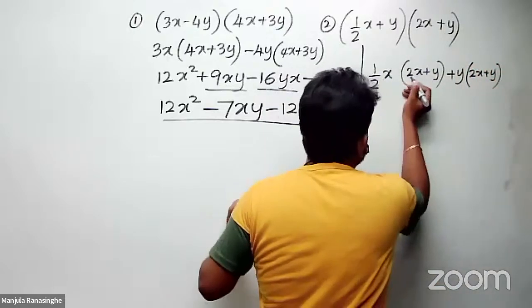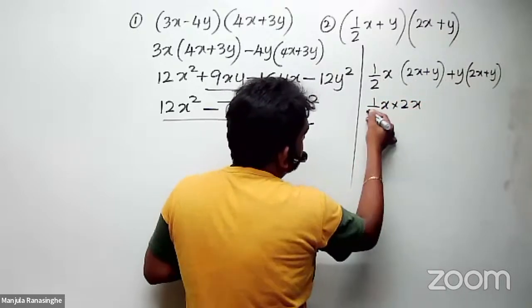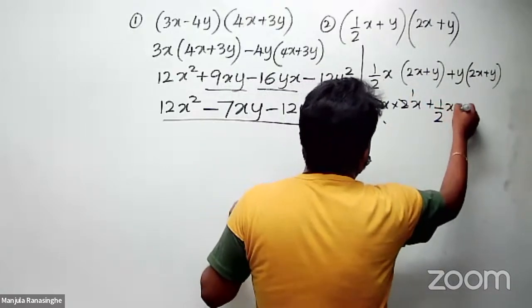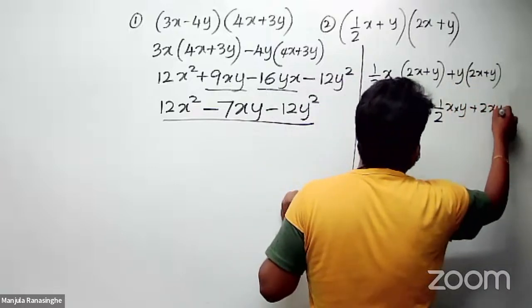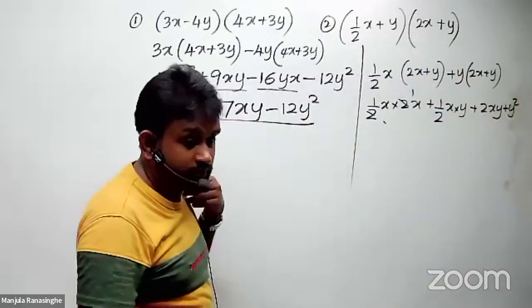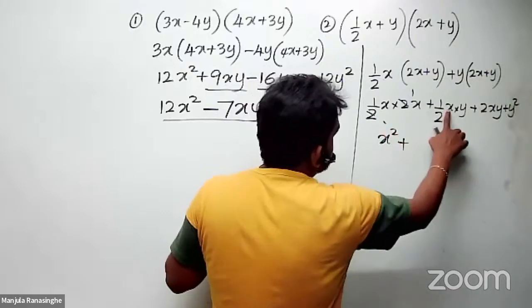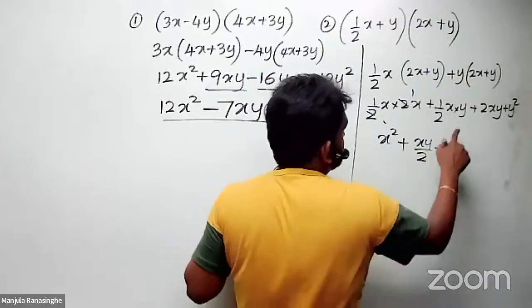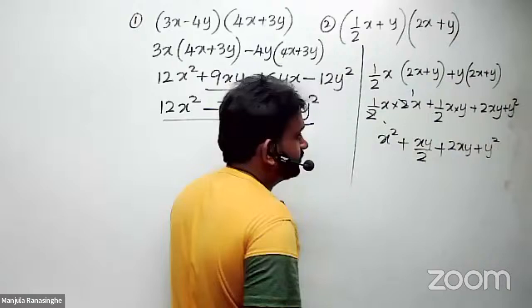Remove the bracket: half x into 2x, the 2 is cancelled, right? Plus half x into y. Then y into 2x means 2xy, plus y into y, y squared. Now x into x, x squared, plus here xy upon 2, plus here 2xy plus y squared.